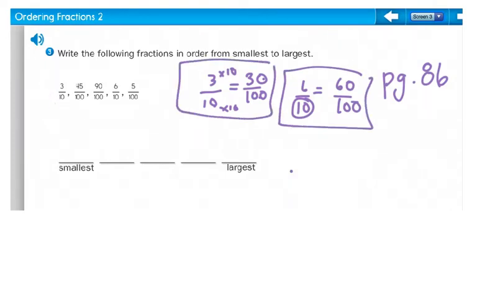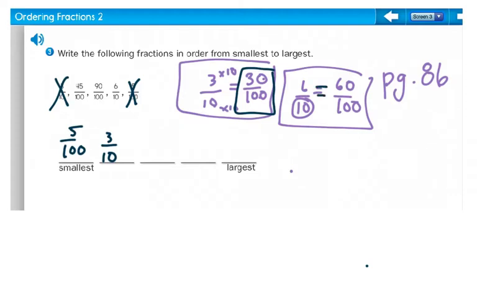line. So the smallest fraction would be the one that would give us the least amount. Let's imagine it all out of 100 equal pieces. Well, the smallest would be 5 hundredths. Next would be 3 tenths, or what would be 30 hundredths, but we'll write down 3 tenths. What would come next?